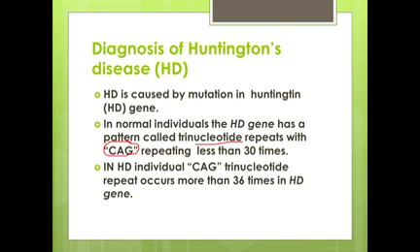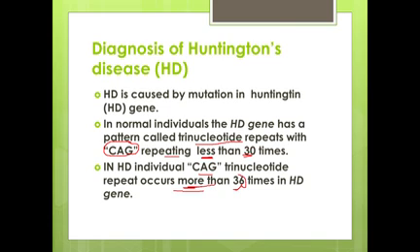These three bases in normal or non-Huntington individuals are repeated less than 30 times. Please note the number is less than 30 times. But in the case of Huntington disease individuals, those having a mutant HD gene, this CAG trinucleotide occurs more than, please note the words, more than 36 times.